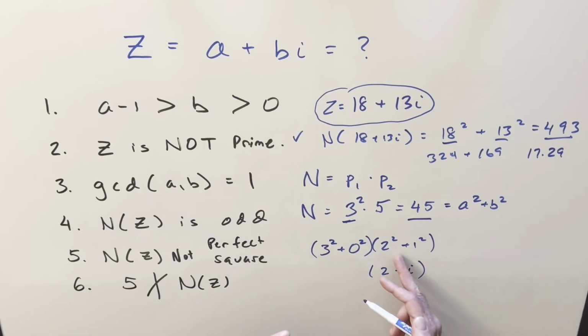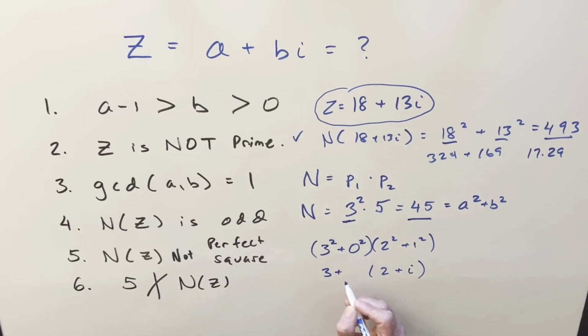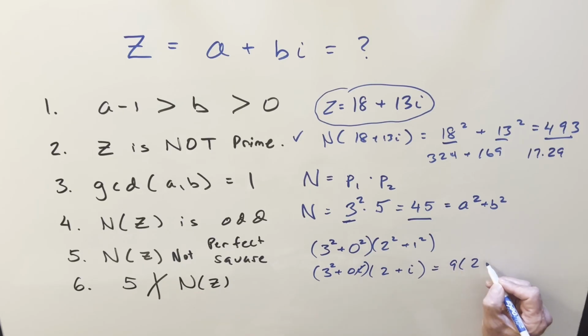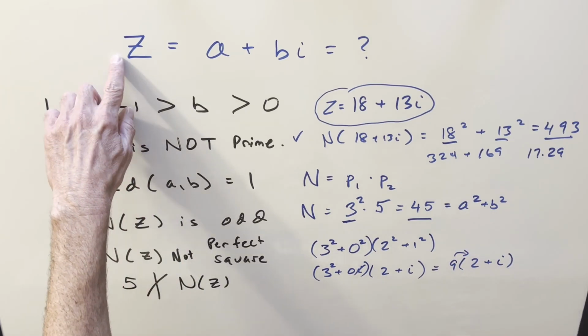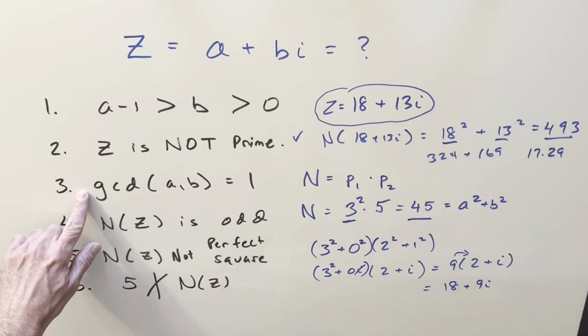Turning the sum of 2 squares into 2 squared plus 1 squared, then writing it like this. Then for the 9, I'd write it as 3 squared plus 0i. But that's really nothing, right? This is just a 9. So this is the same thing as 9 times 2 plus i. If we get it all the way back, we just have a single complex number here. I multiply that in, or I could leave it out just to show, either way, 18 plus 9i, but now it violates rule number 3.